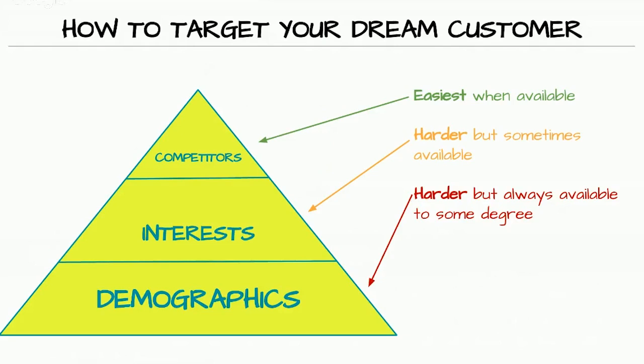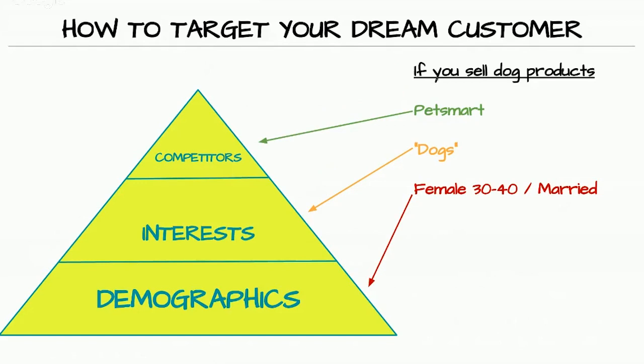And then what's even harder is demographics, which would just be like, people in this age range that live in this city. I try to go for competitors, then I go for interests, and I go for demographics. And I'm going to explain why it's easy, harder. Okay.